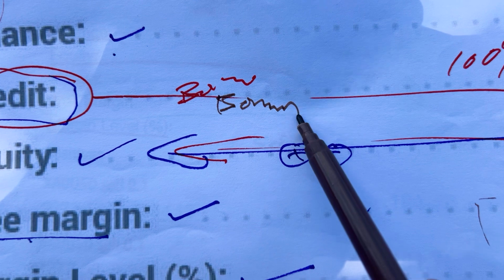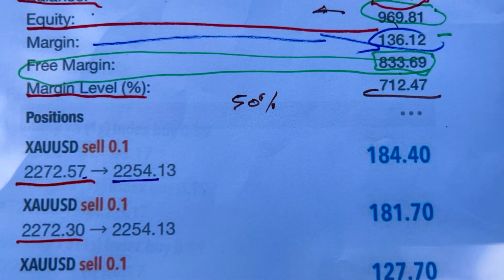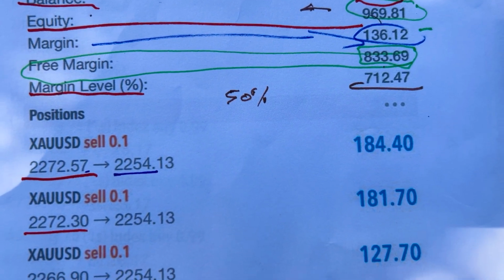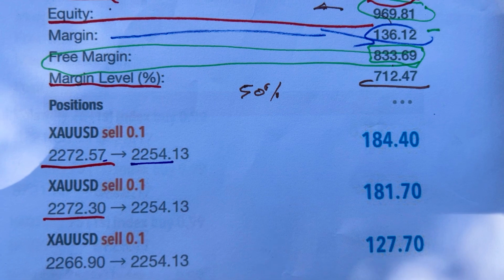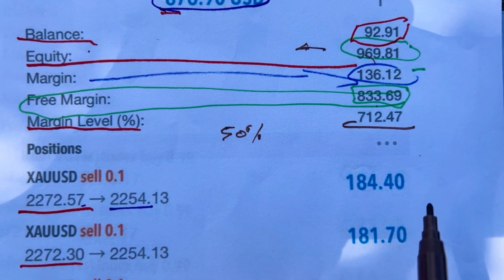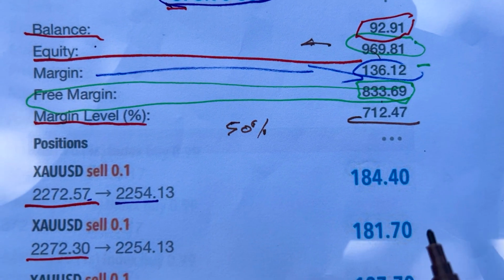Sometimes they give you a bonus so that you can trade more. The bonus and the credit act as more leverage because you are not allowed to lose the credit or the bonus.